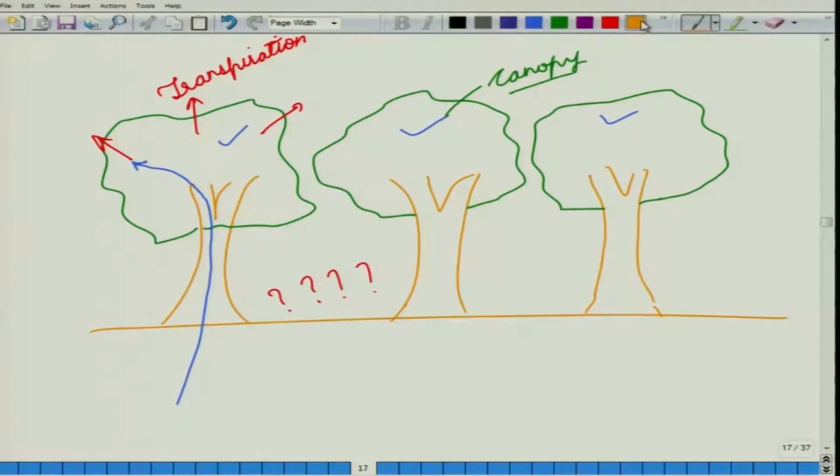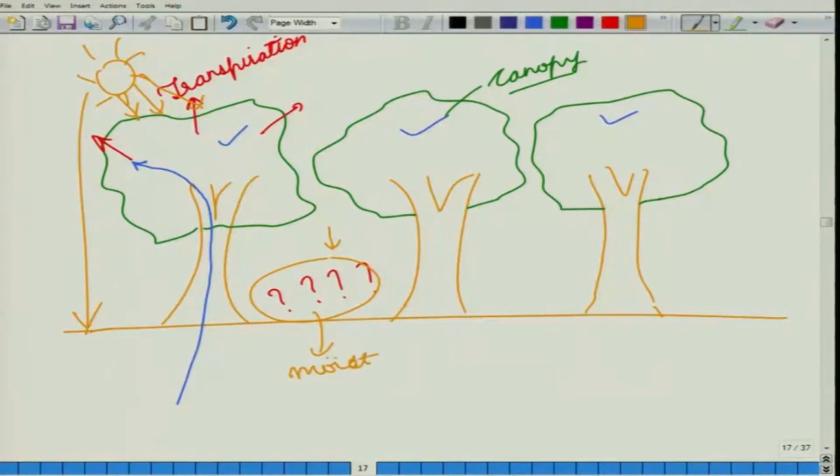At the same time, if we consider the sun, over a piece of bare ground all its rays are able to reach directly, but at this location the rays of sun can only go to the canopy and very little light will be able to reach through to this point. So it will be moist, because the sun rays are not leading to a temperature rise and a loss of moisture. So this region is moist.